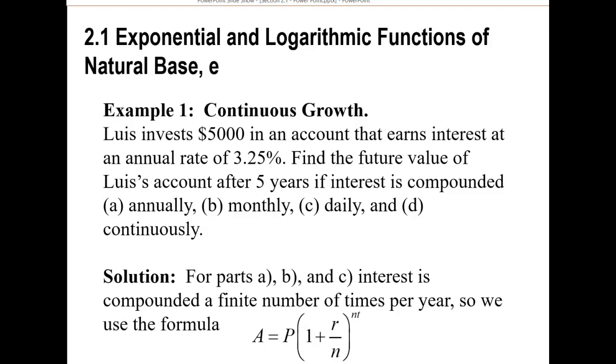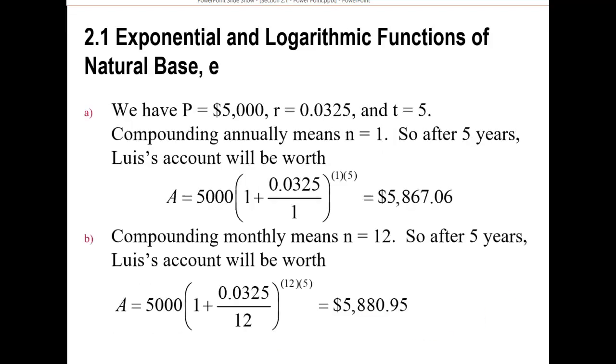All right, so for parts A, B, and C, we have annually, monthly, and daily interest compounded a finite number of times per year, so we have to use the formula A equals P(1 plus r over n) to the nt. So for part A, we have P equals 5,000. That's how much he's going to invest. The interest rate was 3.25%, so converting that to a decimal, 0.0325, for 5 years, so t is 5.